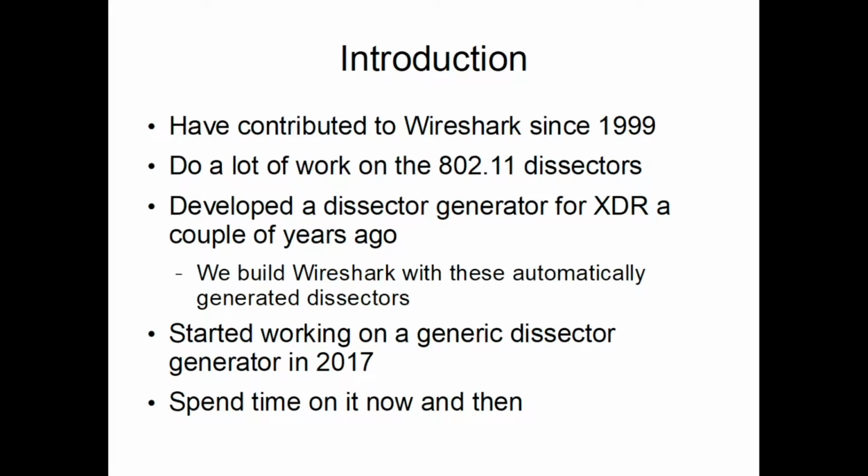These days I do a lot of work on 802.11 and things like helping out with the new 802.11ax standard and the 802.11ah standard, also known as sub 1 gig. It's the version of 802.11 for 800 and 900 megahertz.